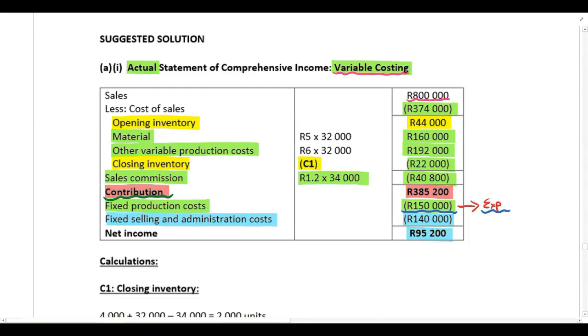If you go to your variable costing statement, the benefit of this statement is we can clearly see the separation between our fixed and our variable costs. First, we deal with all of our variable costs, and sales less all of our variable costs leaves us with contribution, and then separately we have our fixed costs. So this helps for decision-making purposes where we can clearly see our variable costs and our fixed costs separately.